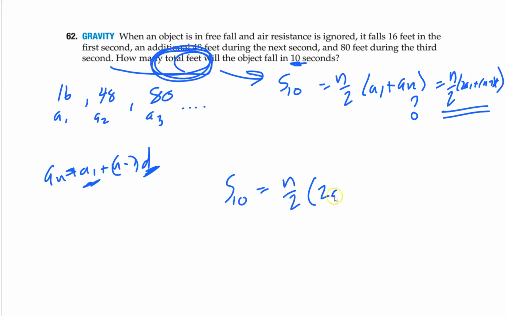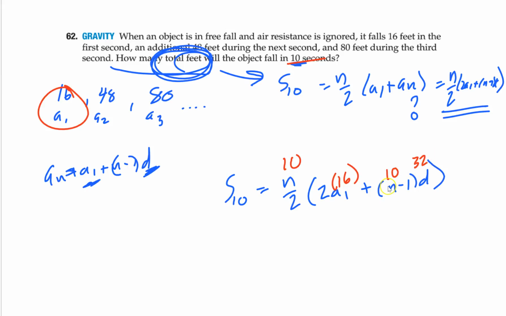So this is the formula I like to use, because it has it all baked in there. I don't need to find an. All this stuff's going to take care of it for me. n is 10, right? 10 seconds. a1 is 16. n is 10 again. And the common difference d, if you do 48 minus 16 or 80 minus 48, you get the same thing. You get 32. So, 10 over 2. 2 times 16 is 32, plus 9 times 32.